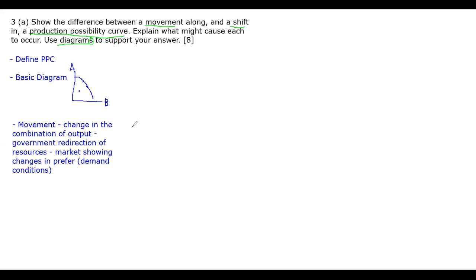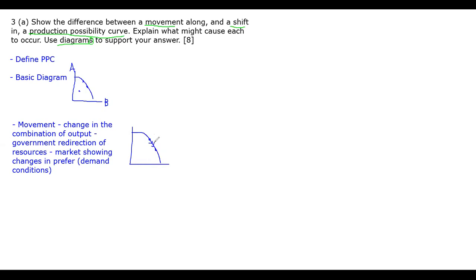Should be nice and simple. Just take whatever good y, good x, or just take two examples of goods. Doesn't really matter. For a movement along, let's just take a perfectly efficient point, and change it to this particular point. That's your movement along.